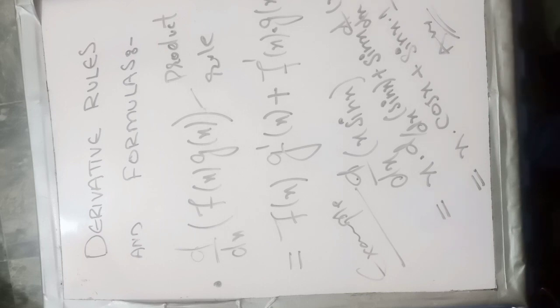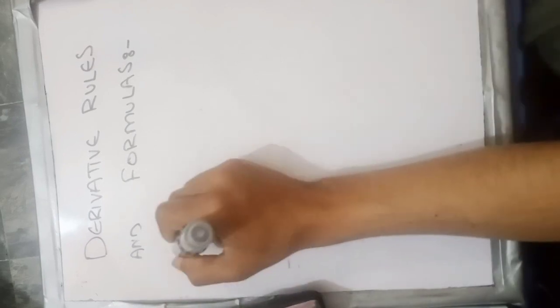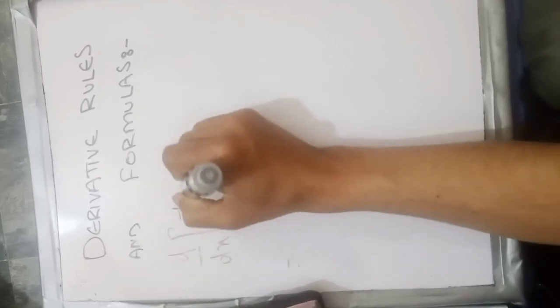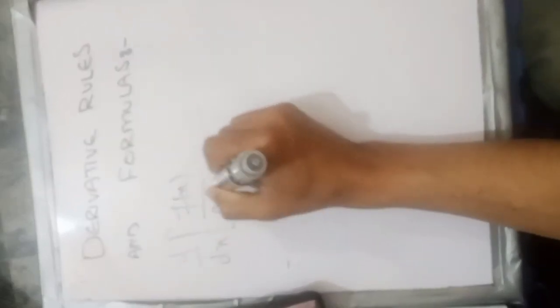Next we can do some more formulas. Now we can discuss the quotient rule. d over dx of functions which are in quotient form, in division form.